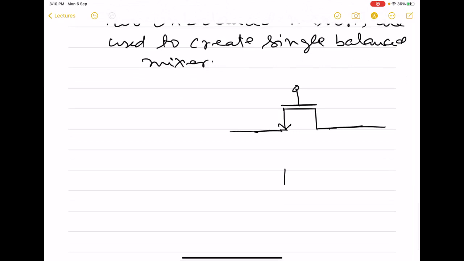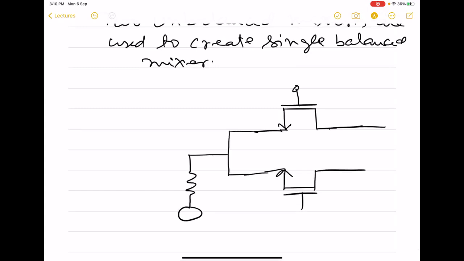Then we take another mixer, unbalanced, like this, and interconnect their common input and then connect it to RF.